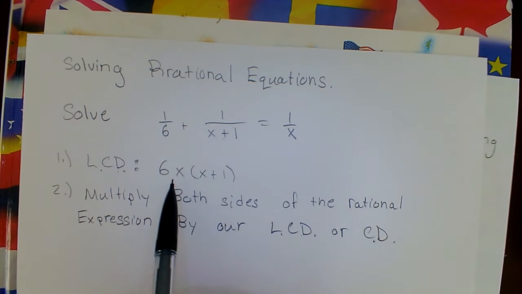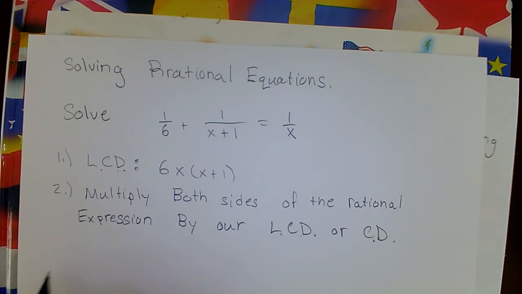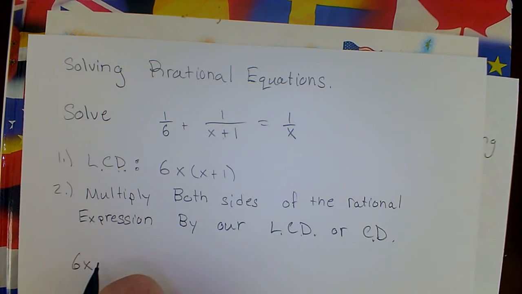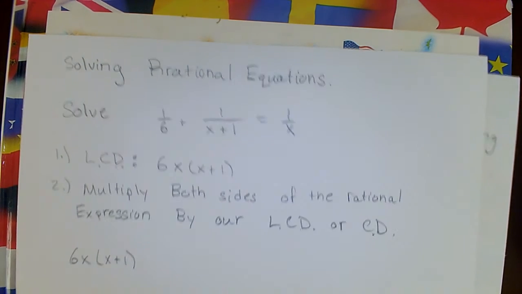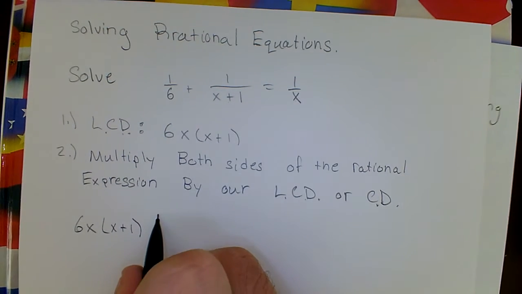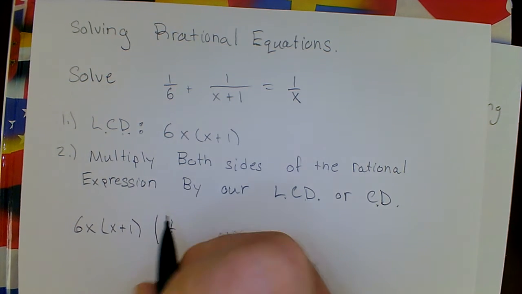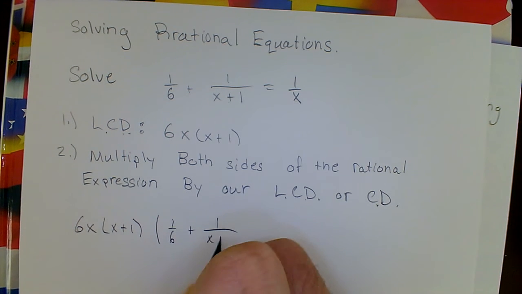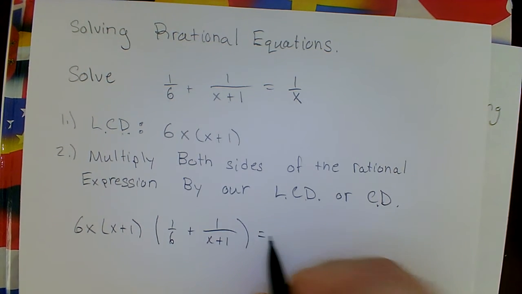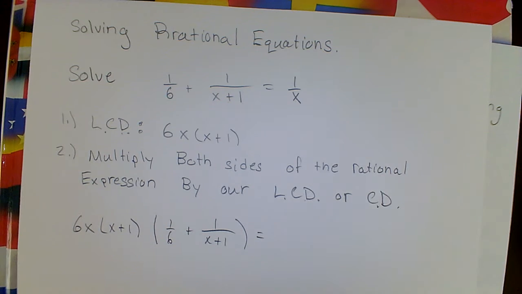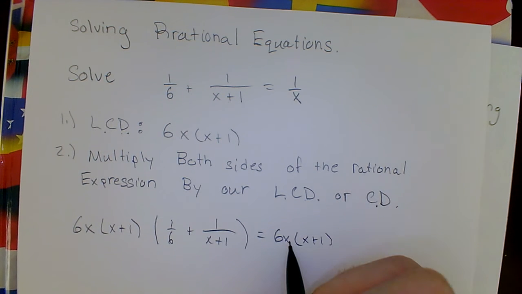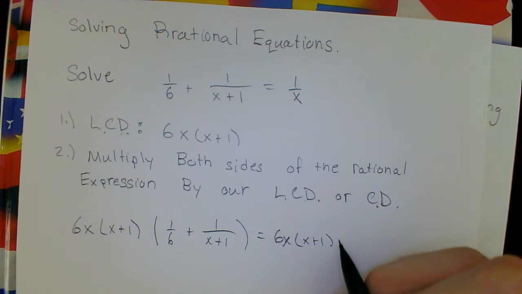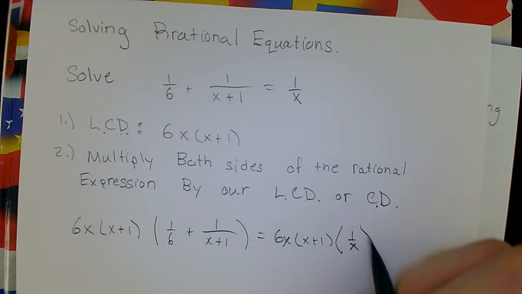If we do that, it's 6x times x plus 1 times the left side, 1 over 6 plus 1 over x plus 1, equals, and if I multiply on the left side I have to do it on the right too, 6x times x plus 1 times 1 over x.